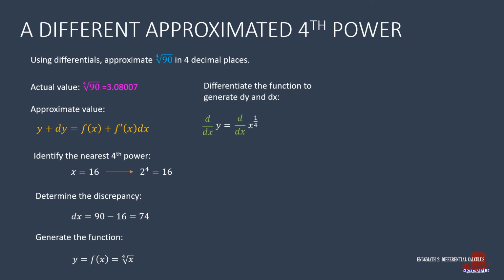Dy over dx is then 1/4 of x raised to negative 3/4 with dx over dx from chain rule. The last part is simplified as 1. So dy over dx is 1 over 4 with the fourth root of x cubed. Cross-multiply dx and have 1 over 4 with the fourth root of x cubed with dx.